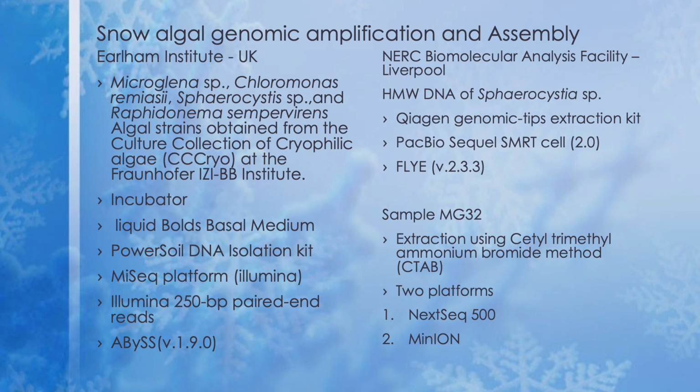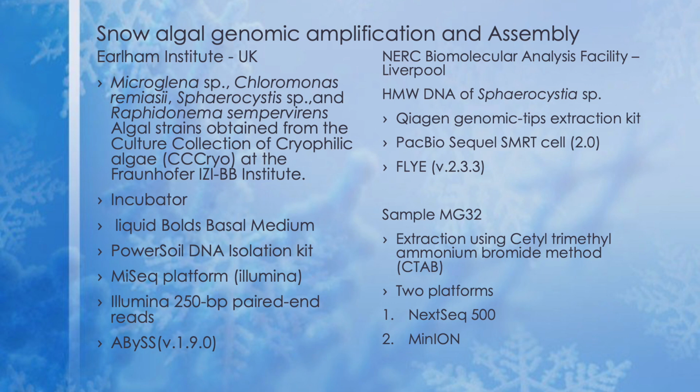The genomes of all 5 strains were de novo assembled by the Earlham Institute using Illumina 250 base paired-in reads. Quality control of the raw data was done using FastQC. Pre-processing of the raw reads was done by the Earlham Institute using the pipeline Contaminant, and Abyss version 1.90 was used to perform the de novo assembly of each strain.